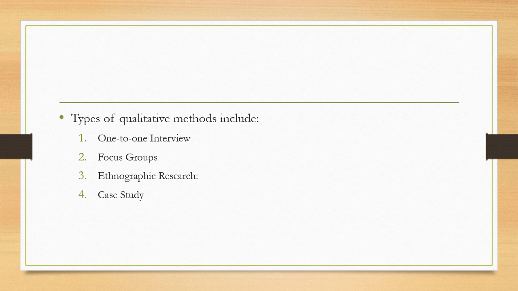One-to-one interview is conducted with one participant at a given point in time. It needs the researcher to prepare questions in advance. The researchers ask only the most important questions to the participant.